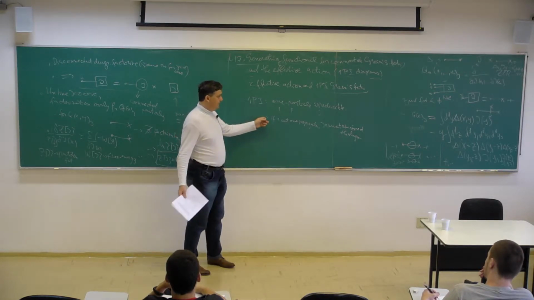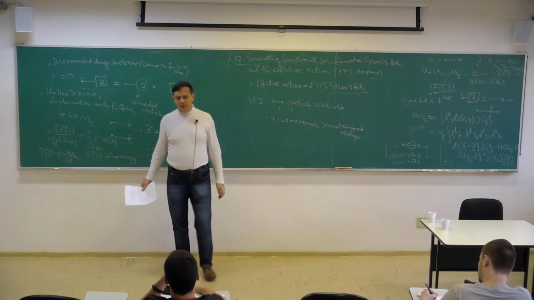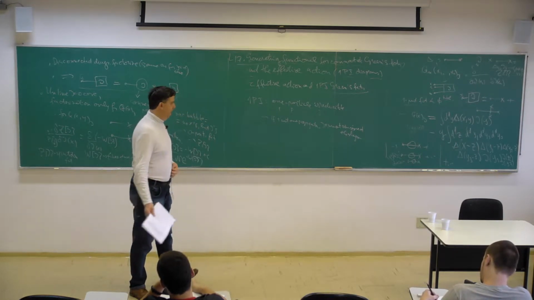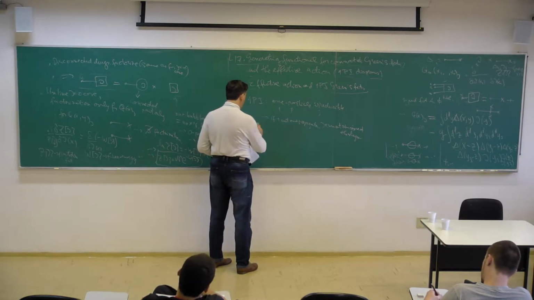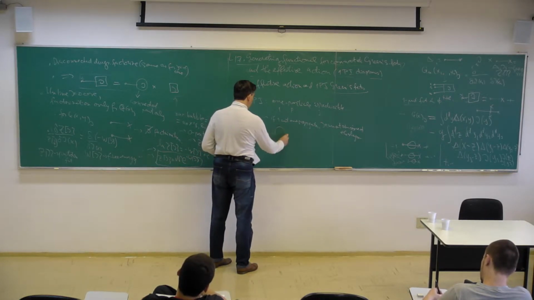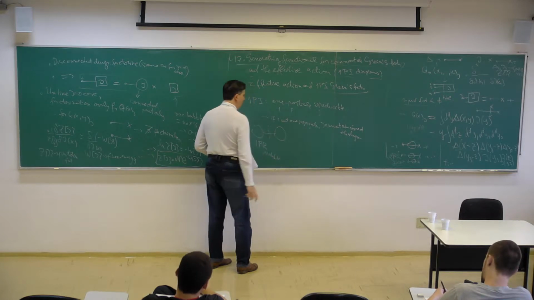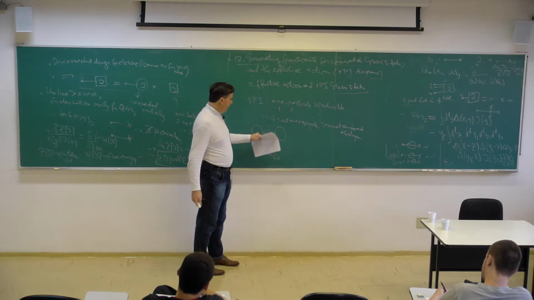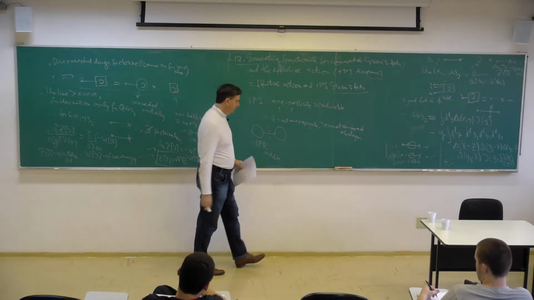But 1PI means even if I cut one propagator, it's still connected. So if I have this, this would be a one particle reducible diagram, because by cutting this propagator, I disconnect the diagram into two pieces.